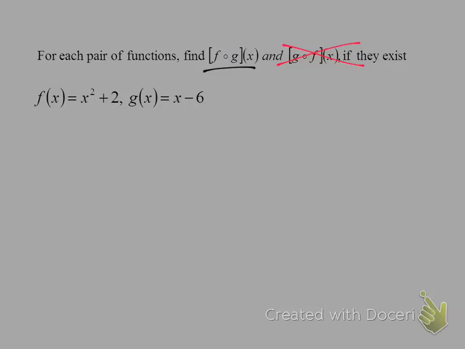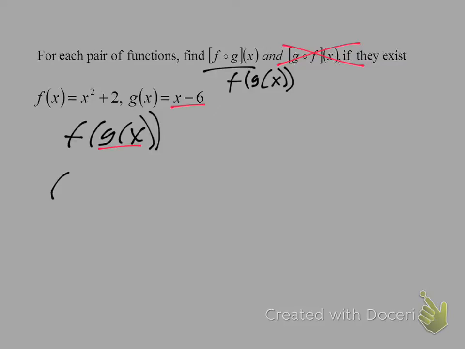Okay, let's do that first. So f parenthesis g parenthesis x double close. Okay? So that's the only one I asked you guys to do for this one. So f of g of x. What's g of x? x minus 6. So replace this guy with this guy.